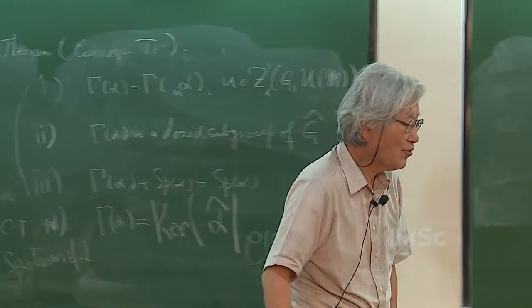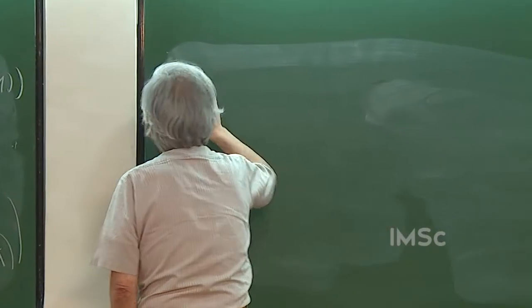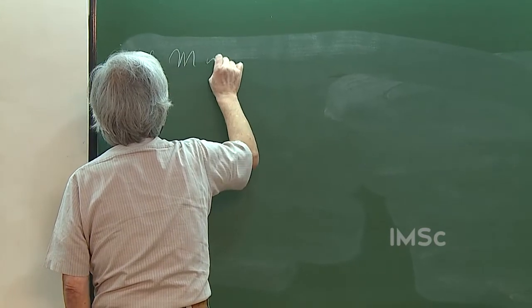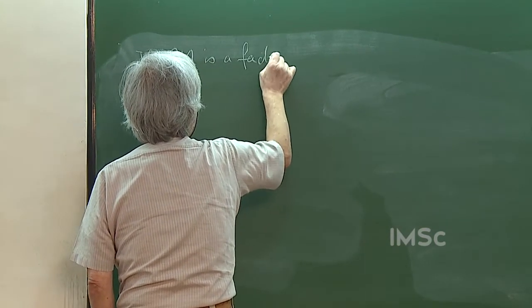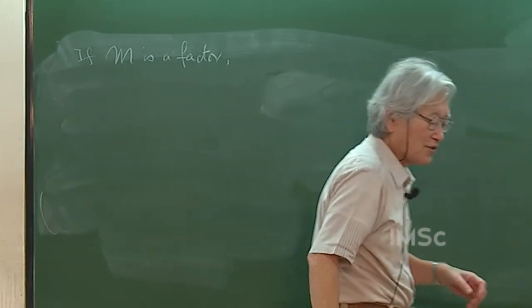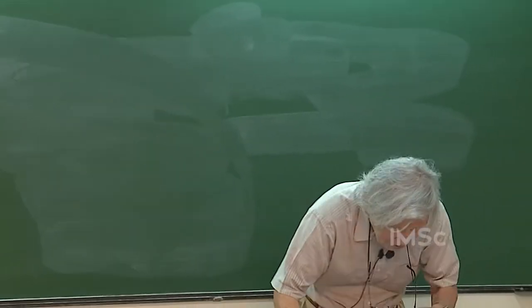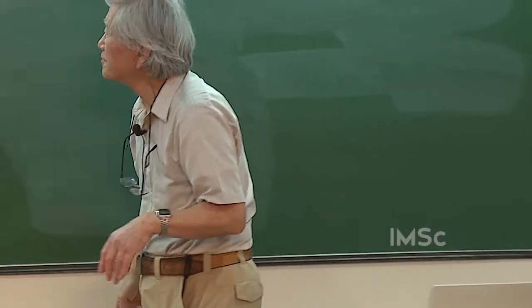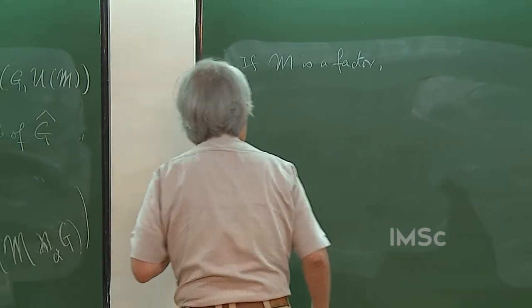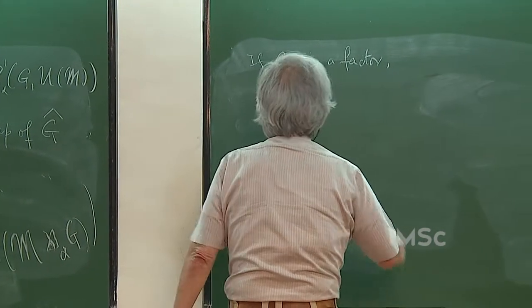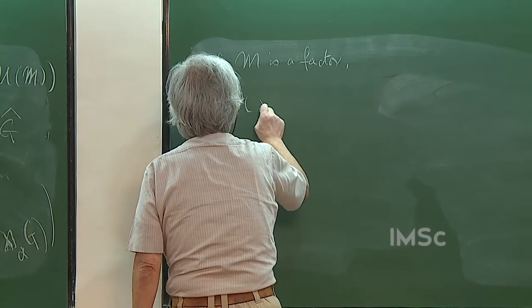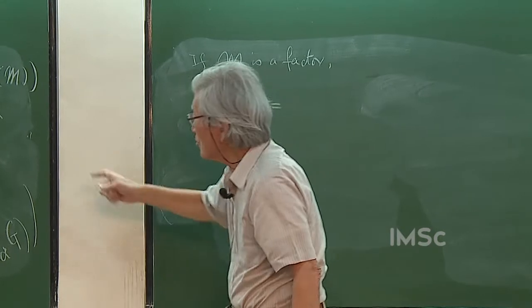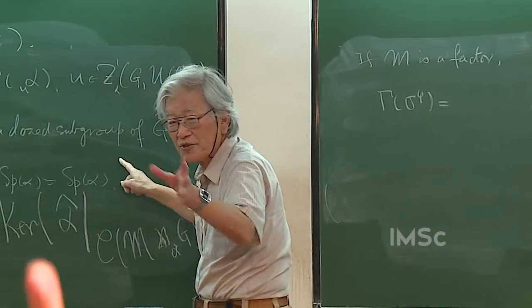Now, the corollary is the following. If M is a factor, then gamma of sigma phi is a closed subgroup of the modular group.